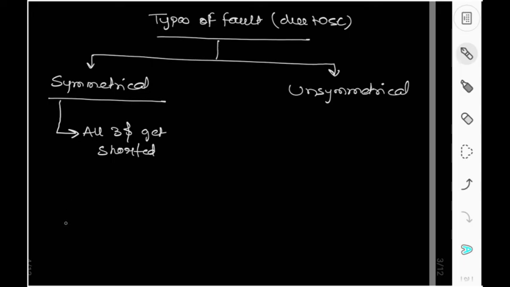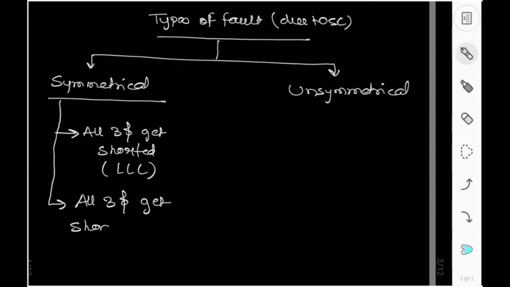Then, when all the three phases get shorted to earth, that is triple line to ground. Under such condition also all the three phases will experience the same amount of fault level, right? Same fault condition.